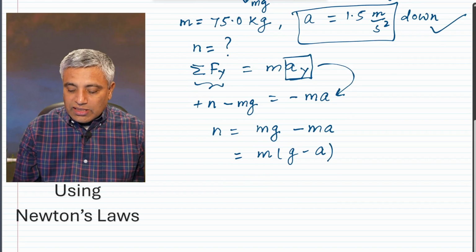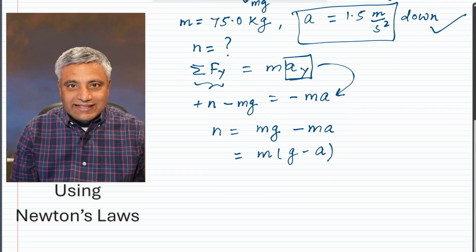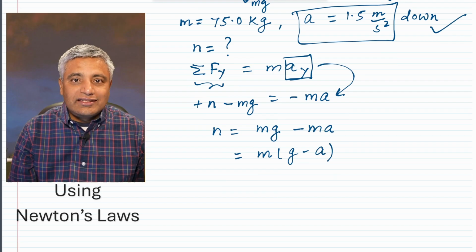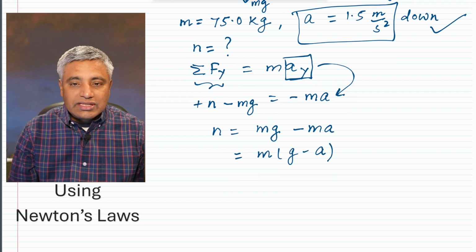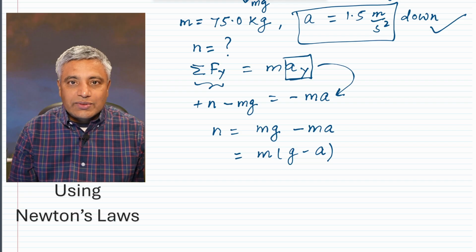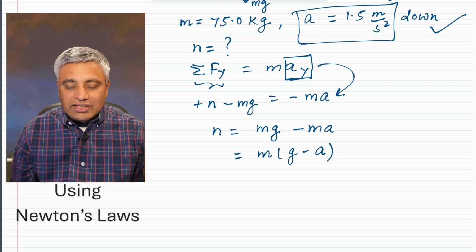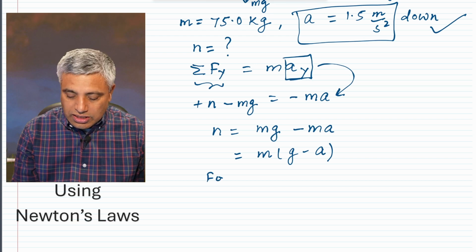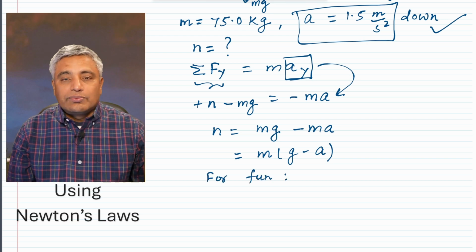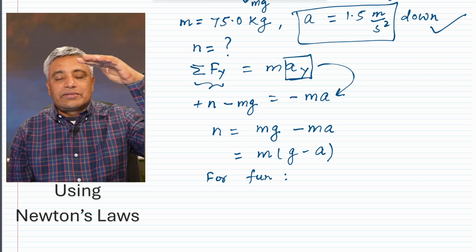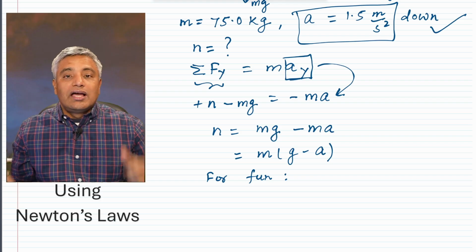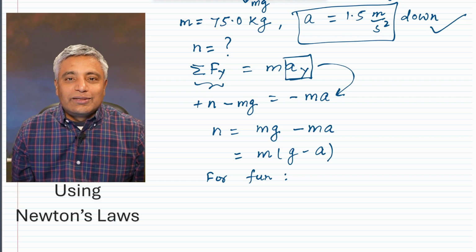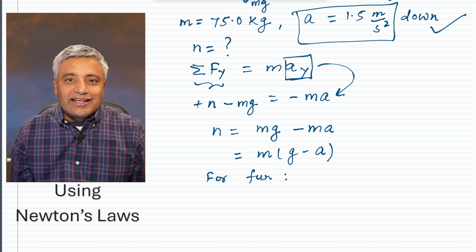So acceleration is given. We know the value of g. It is constant near the Earth's surface. So we can use that 9.8 meter per second squared. But before I do that, let's suppose the object is in free fall. For fun, suppose the elevator is in free fall. So that means somehow the rope of the elevator is broken, let's say.